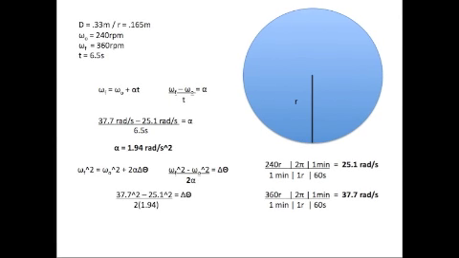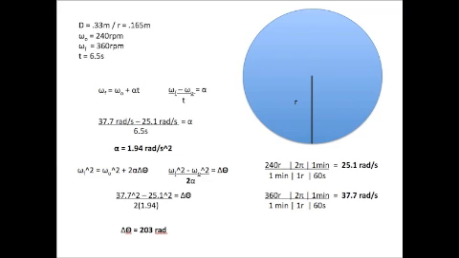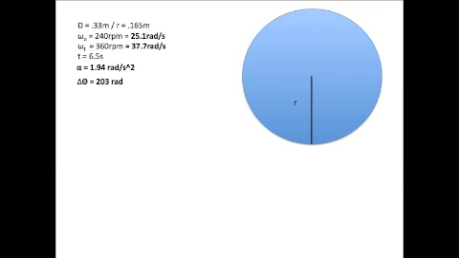So again, routine, just plug and chug. Final velocity, 37.7, don't forget to square it, minus your initial velocity, 25.1, don't forget to square it, all over 2 times 1.94. Then, after plugging and chugging, you get delta theta equals 203 radians.